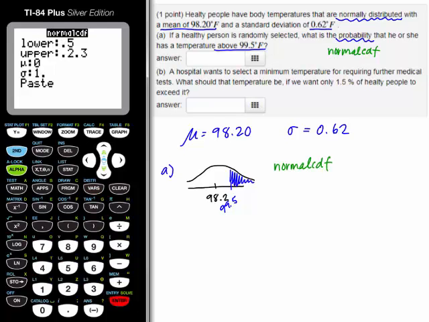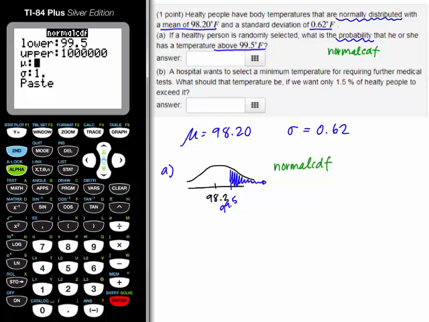Now we need the lower bound, the place that we begin caring about the area, which is at 99.5. And the place that we end is not really anywhere soon, right? It happens to go out toward infinity, but infinity is not a key we can enter, so let's try 10,000 or 10 million, anything that's sufficiently large enough for us to get that area.